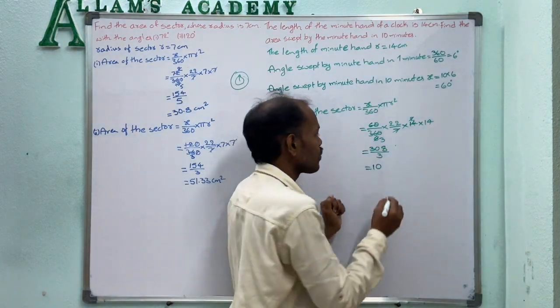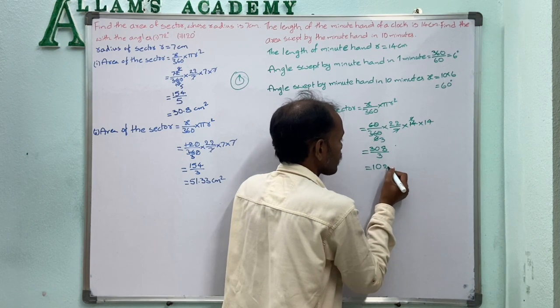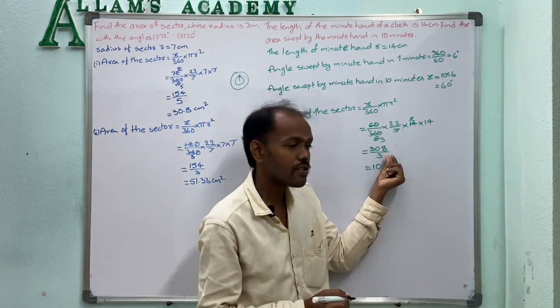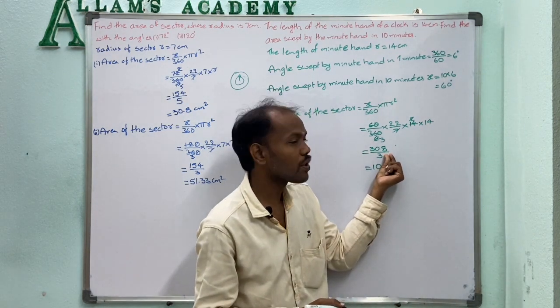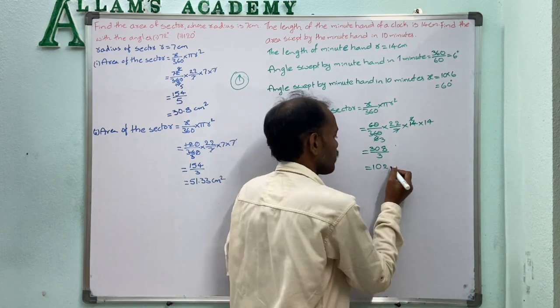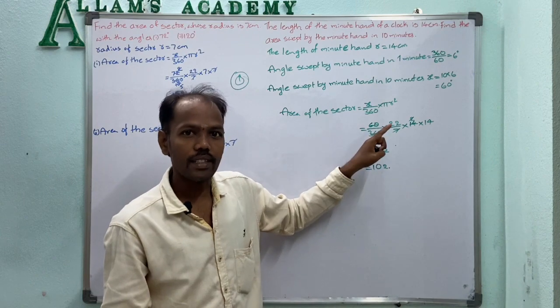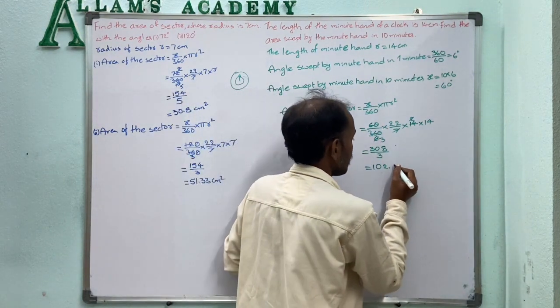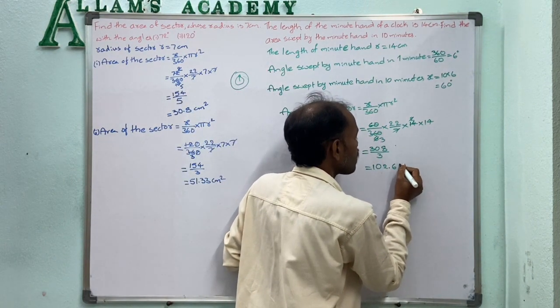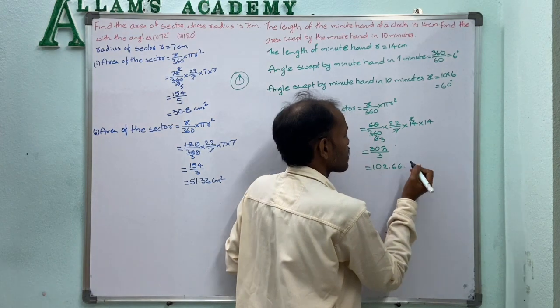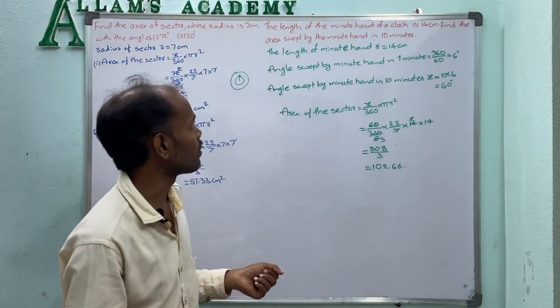308 by 3 means 3 ones are 3, 0. So 3 twos are 6, so that means 2 remaining. So point 20, 6 threes are 18, again 2. So 102.66, that is the continuing number.